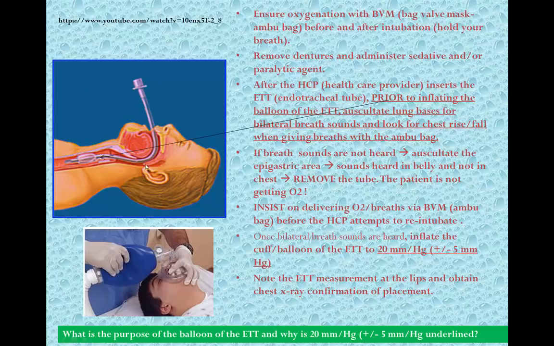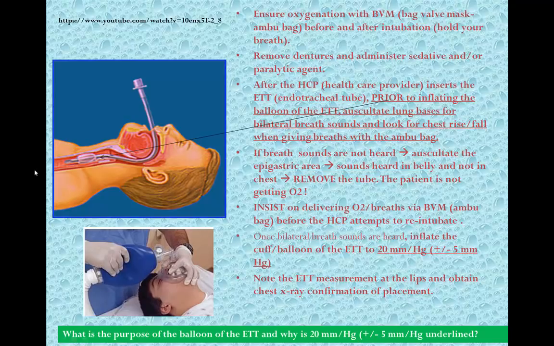And once that tube is supposedly inserted in the proper place, you're going to put that ambu bag on this endotracheal tube and give in air. So give 2 puffs, and you're going to watch for the chest to rise and fall. The chest, both sides, should rise and fall.